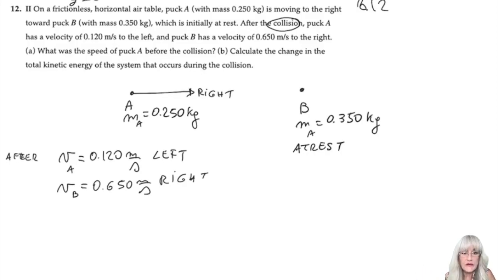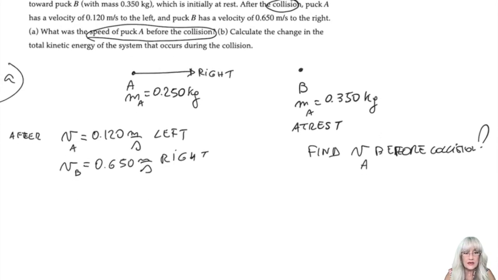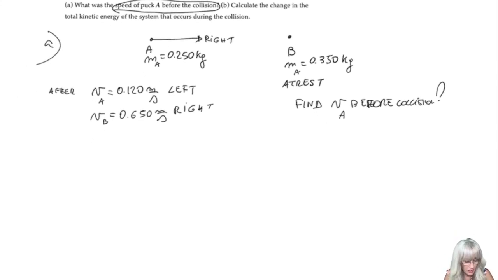So we want to find, in part A, the speed of puck A before the collision. That's my big question mark. So find the velocity of A before the collision. Okay, so we are doing part A. What we are seeing here is momentum.